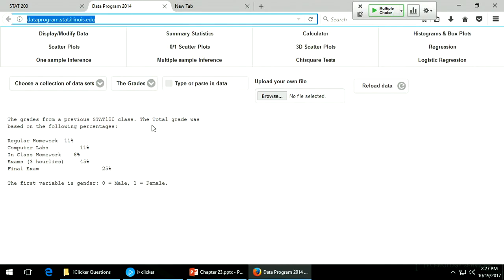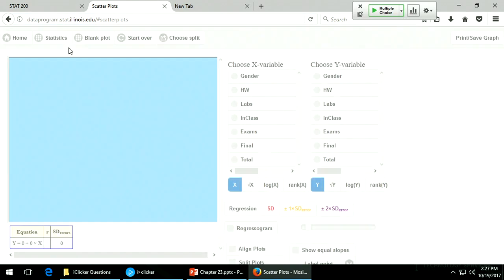First of all, you can see what the scatter plot looks like.